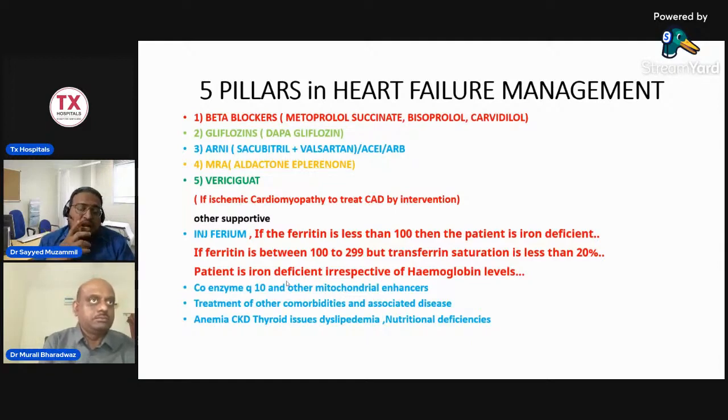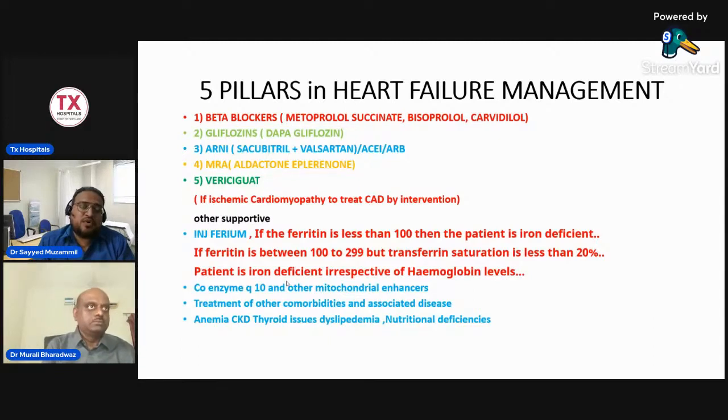So scientists tried to develop a chemical which will prevent the metabolism of these natriuretic peptides. The metabolism is done by neprilysin, and the neprilysin inhibitor is sacubitril. So they combined the ARB that is proven in heart failure, valsartan, with the neprilysin inhibitor sacubitril, and formed ARNI.